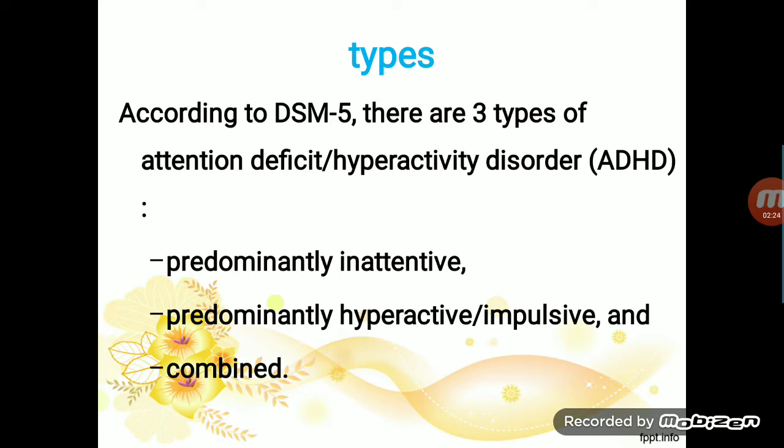In the second type, the child will have a problem in hyperactivity as well as impulsive behavior. And in the third type, the child will have all the characteristics, inattention as well as hyperactivity and impulsivity, which is the combined type of ADHD. So these types were classified by DSM-5.